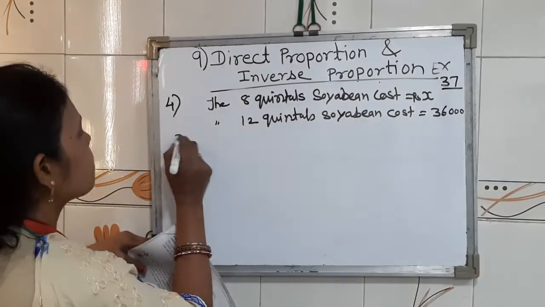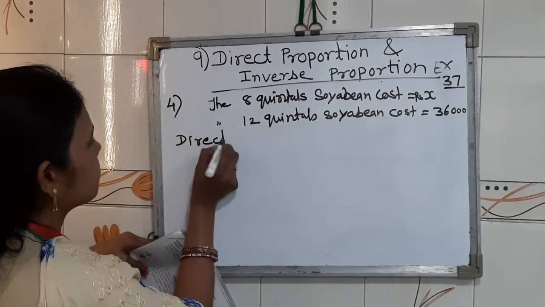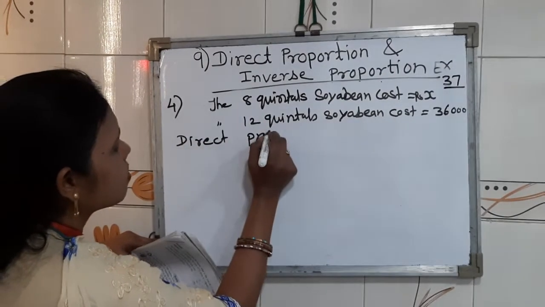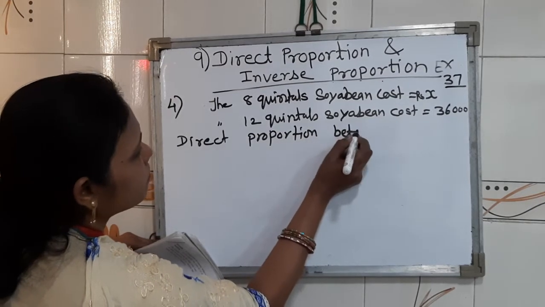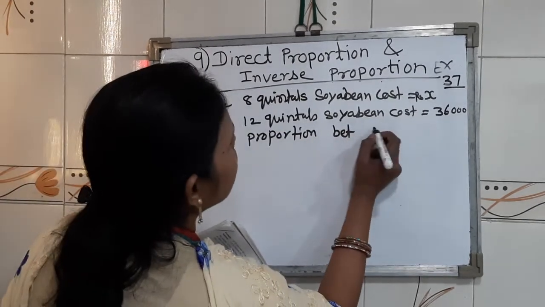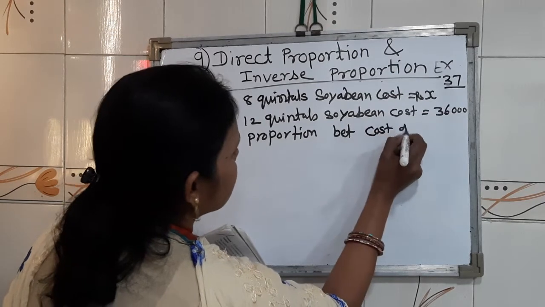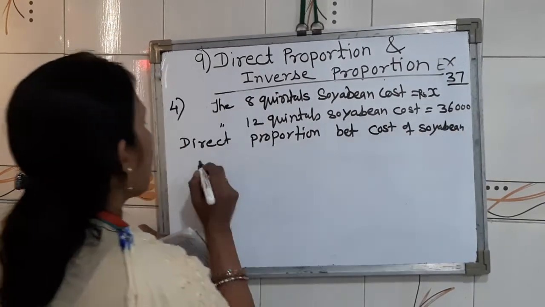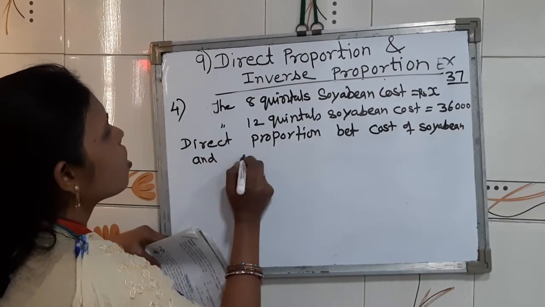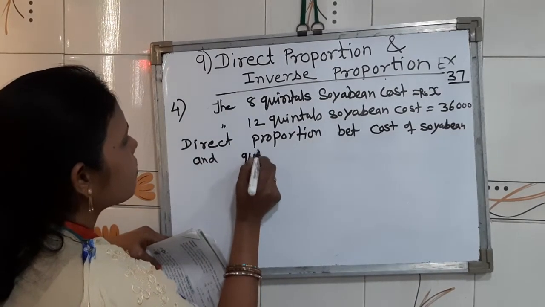Write down direct proportion between cost of soybean and quintals of soybean.